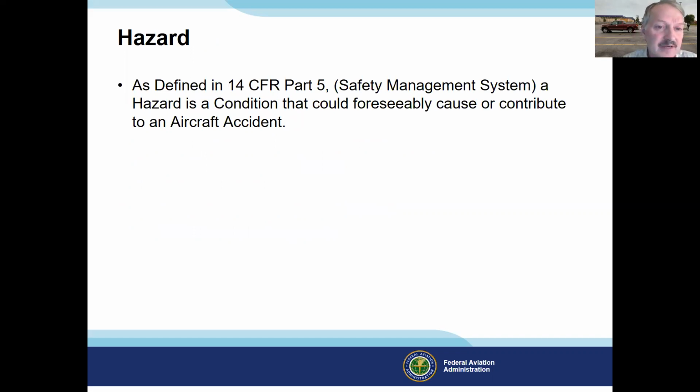A hazard, as defined in Part 5, which is the Safety Management System regulation, is a condition that could foreseeably cause or contribute to an aircraft accident.